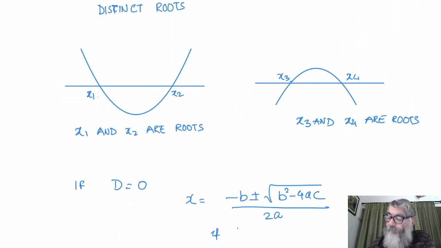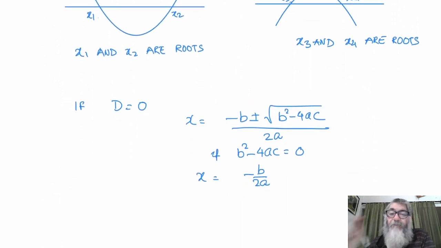If b square minus 4ac is equal to 0, then x will become minus b upon 2a. So that means the curve will be touching the x-axis. It has no y coordinate. So it is x is equal to something. Only the value of x is there.